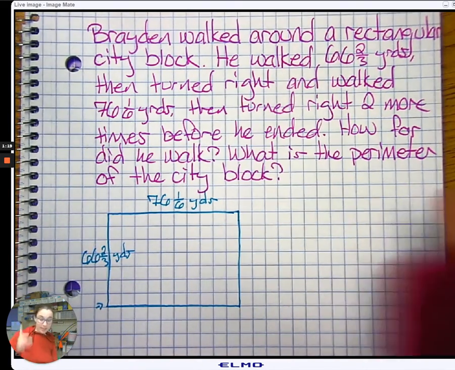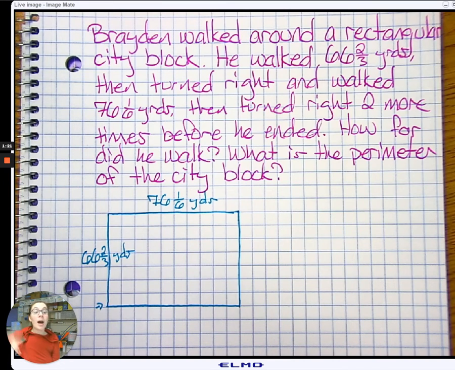Now, it said it was a rectangle, and what I know about a rectangle is that the definition of a rectangle is a quadrilateral, meaning it has 4 sides, with 4 90-degree angles and 2 sets of parallel congruent lines. Parallel meaning they go up and down and never touch each other, or side to side and never touch each other. And congruent meaning they are the same length.